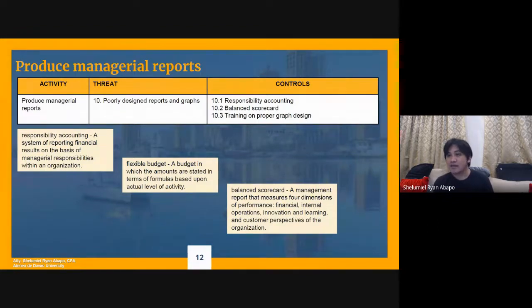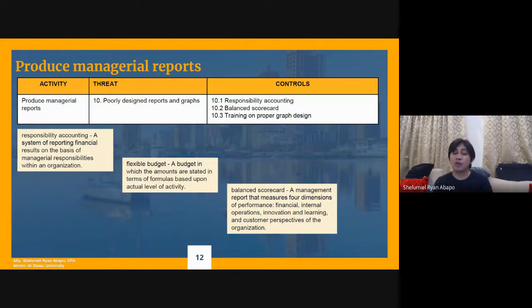First will be the use of what we call responsibility accounting. Second will be the balanced scorecard. And third will be understanding the principles of proper graph design. So what is this responsibility accounting? Responsibility accounting, class: to properly evaluate the performance, the reports should highlight the results that can directly be controlled by a person or organizational unit.